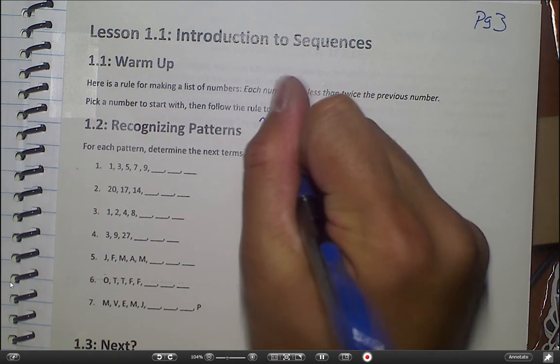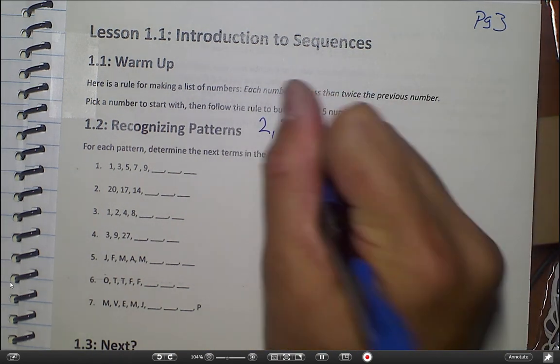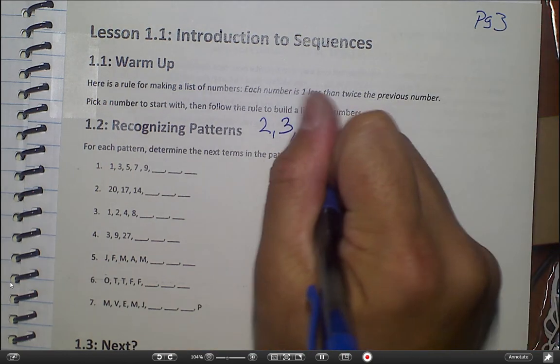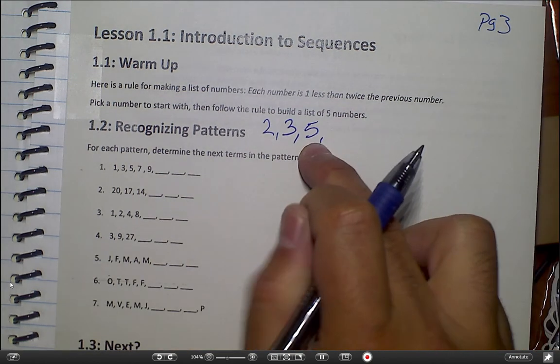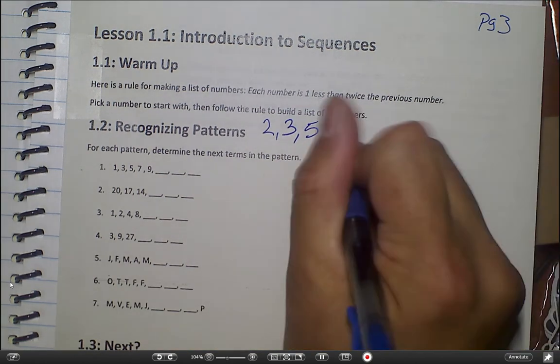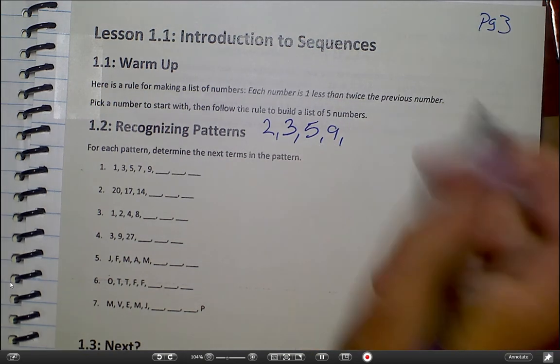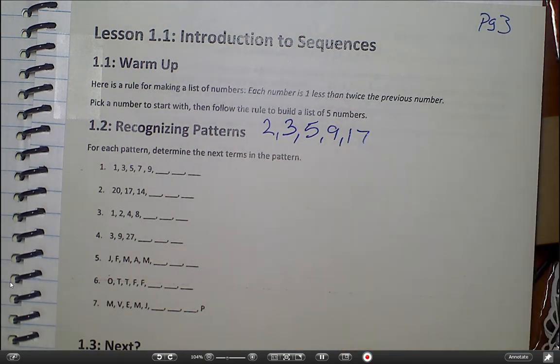And then do the same thing again, so it's 3 times 2 is 6, minus 1 is 5, very good. 5 times 2 minus 1 is 9. And then 9 times 2 minus 1 is 17. Very good. All right, so that's what we did in class already for the warm-up.